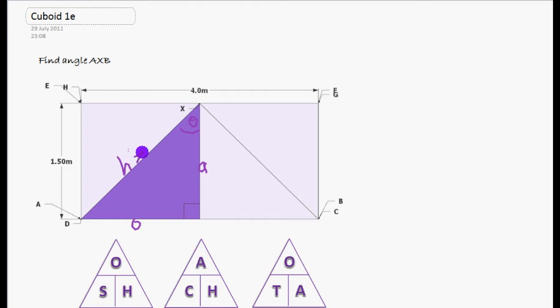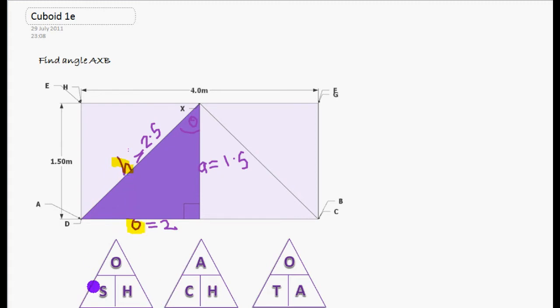I'm going to use this value here, 2.5, so you get to see me choosing a different formula. We know this is 1.5. Actually, we do know this is 2. Well, let's say that we're going to use the opposite and the hypotenuse. So these are the two that we're going to use, the hypotenuse here and the opposite here.